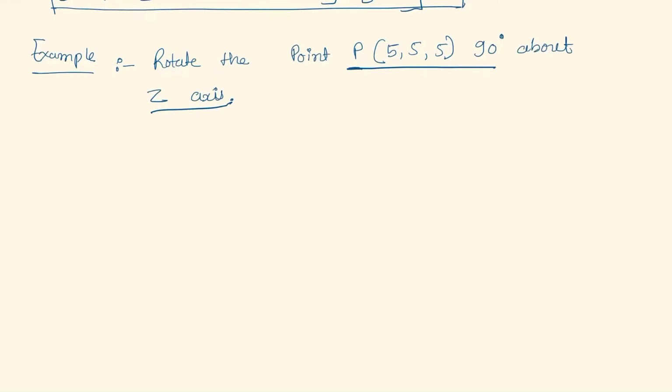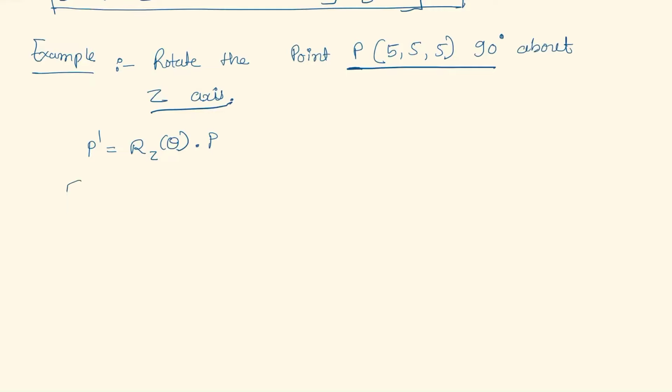The z axis rotation: P dash is equal to rotate about z axis at 90 degrees into this point, right? So this is the formula for rotation.